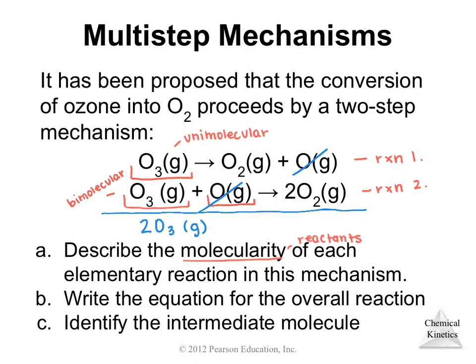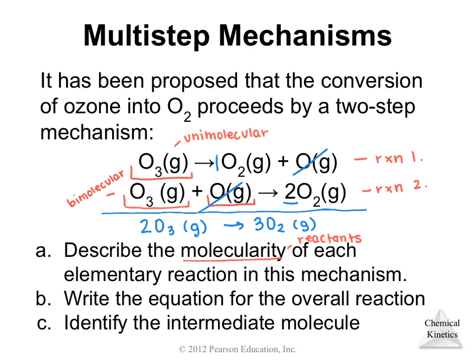So I've used all my reactants, and then I see 1 plus another 2 O2s, and again, they're both on the product side, so they can't cancel, they add. So that's 3 O2s. So this is our balanced equation. It's showing that 2 ozones react to form 3 oxygen. So that tells us what we start with and what we end with, but again, it doesn't give us any information about how that happens.